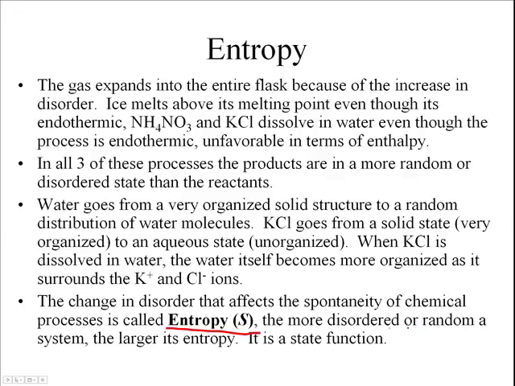The more disordered or random a system, the larger the entropy. What that means is that if a reaction becomes more random, which we'll look at here in just a second, write this down, the entropy is positive. Okay, so positive means more random. So it's becoming more disorganized, more random, whatever you want to call it.